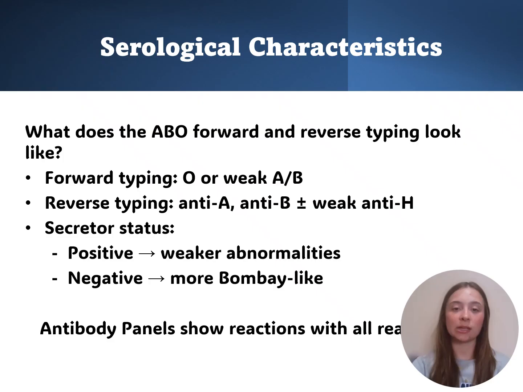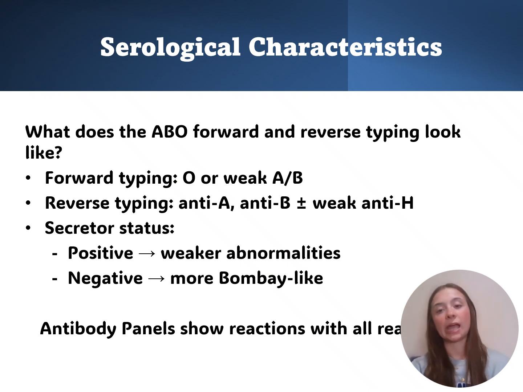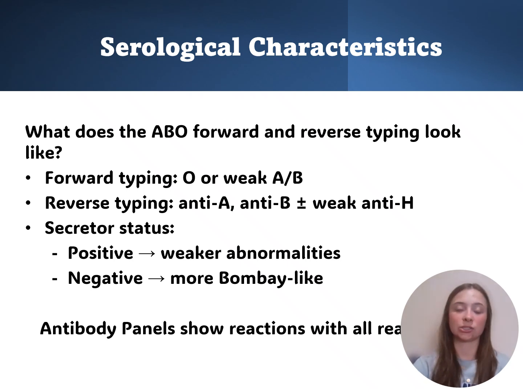The reverse typing is positive for anti-A and anti-B and a possible weak anti-H. The secretor status is positive for weaker abnormalities and negative for more Bombay-like. Antibody panels show reactions with all.